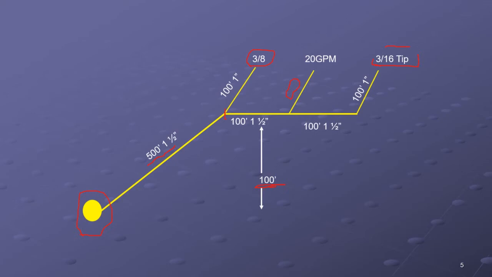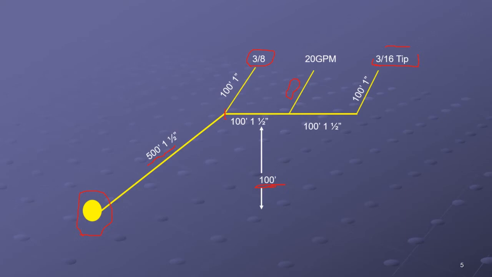So there could be some assumptions there. I will write a T instead of just a tip, just to abbreviate it when I'm writing a whole bunch of stuff. When we get into some big hose lay exercises, you'll get why you don't label every single thing. It's just a little redundant and unnecessary.